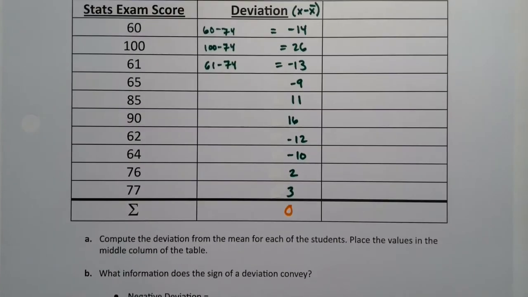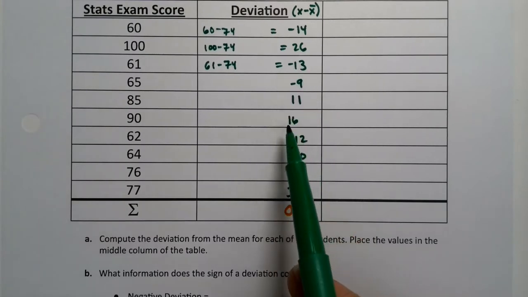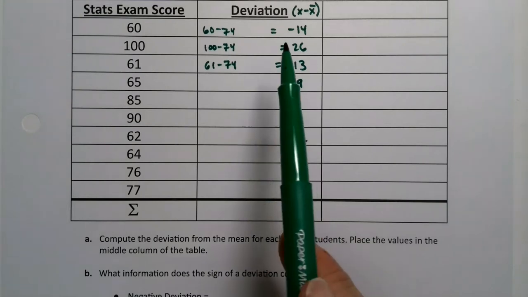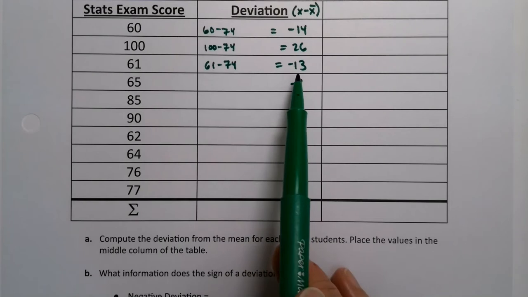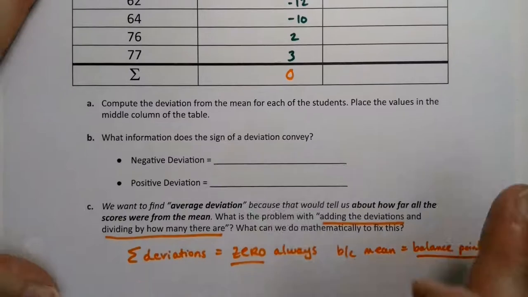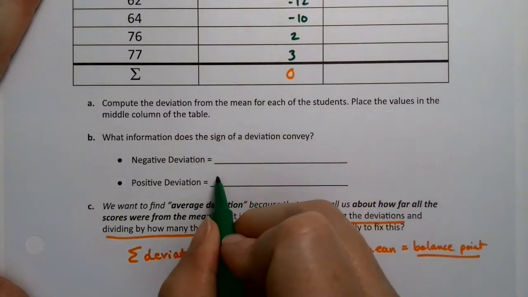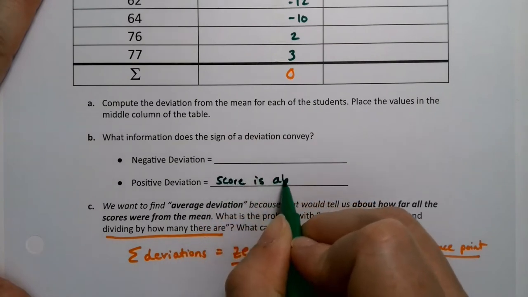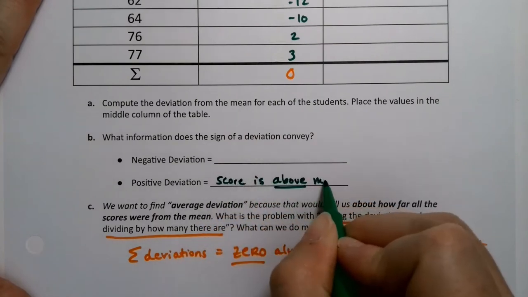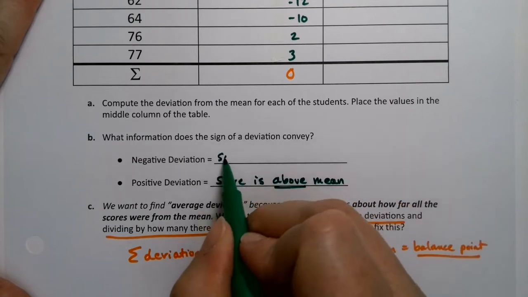Speaking of which, did you notice how some numbers had positive deviation and some had negative deviation? If you look at the 100, for example, that's positive. If you look at 61, that's negative. Positive deviation means the score is above the mean, and negative deviation means the score is below the mean.